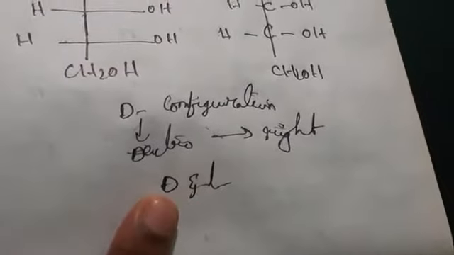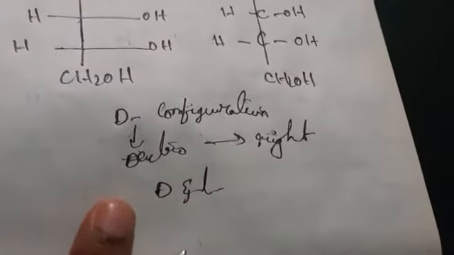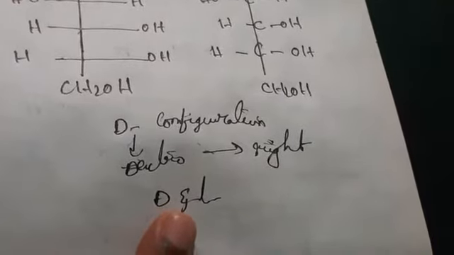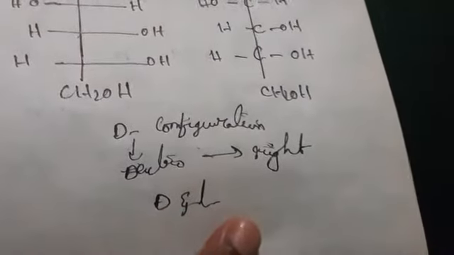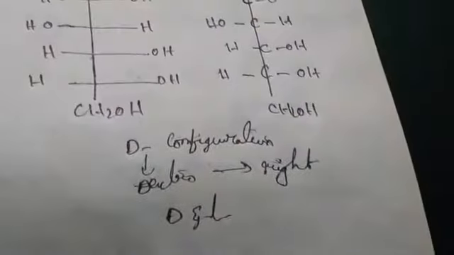D form indicates dextro, L form indicates levo. Dextro is right side rotation, and L levo form indicates left side rotation. So these two structures exhibit the two forms.